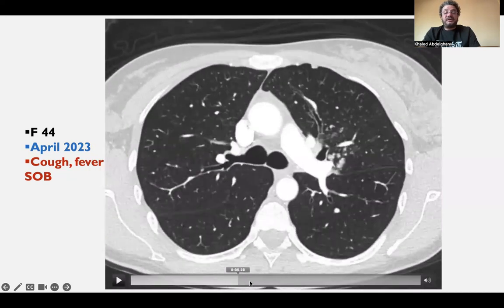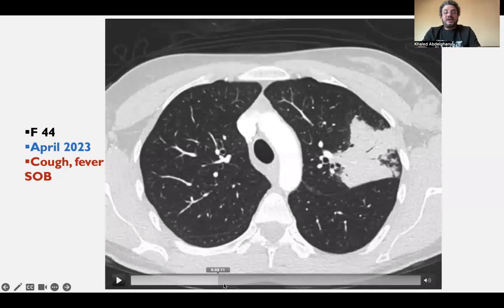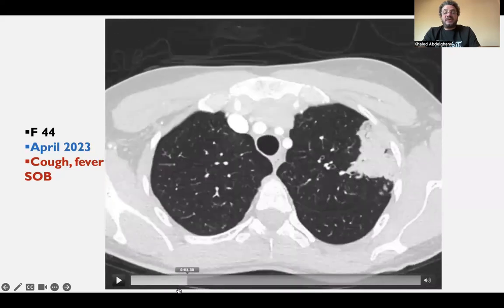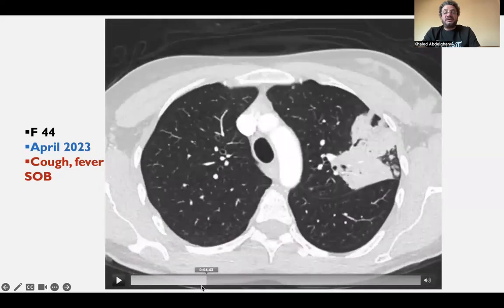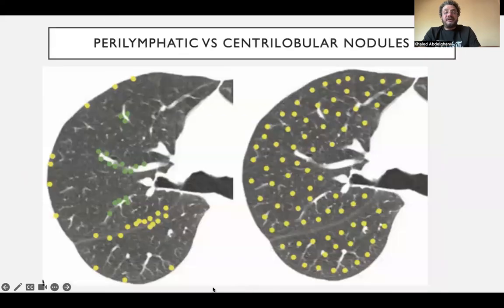So here we can think about adenocarcinoma as the underlying pathology, and it's not an infection. The nodules that can happen in infection or tumor, we can have endobronchial spread. We have tumor or infection, presence of the nodules in the centrilobular location. They are not present along the fissure or the pleural surface, as you can see here.